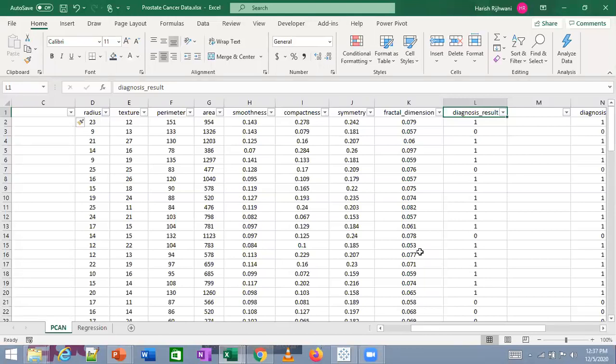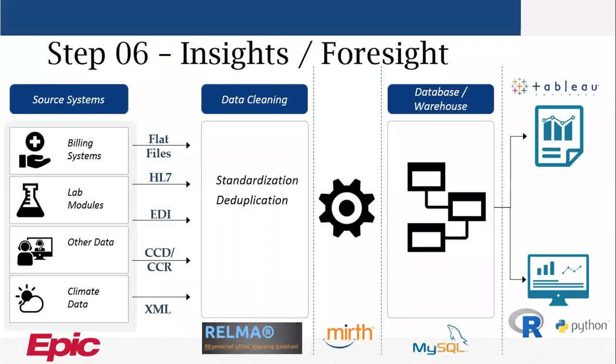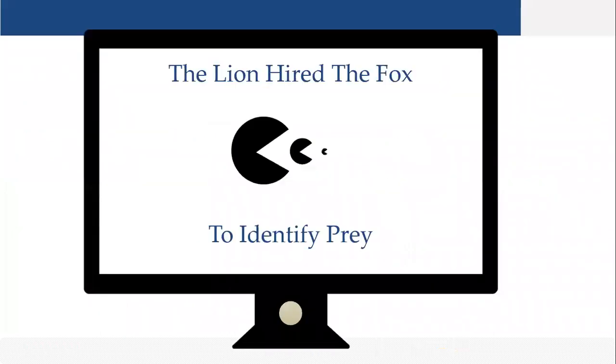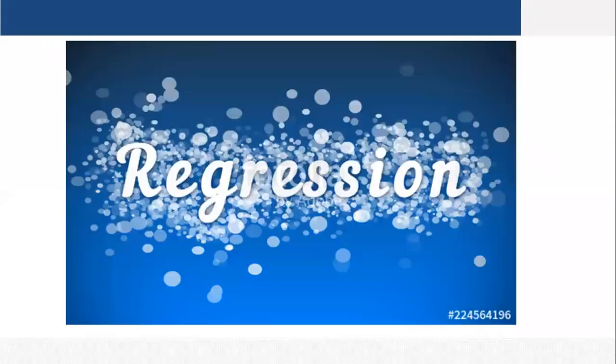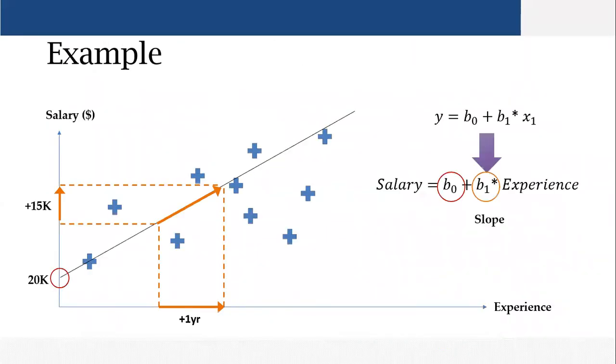What we are going to do is we are going to use something called logistic regression. Just to give an idea, in linear regression you're drawing a line like this.